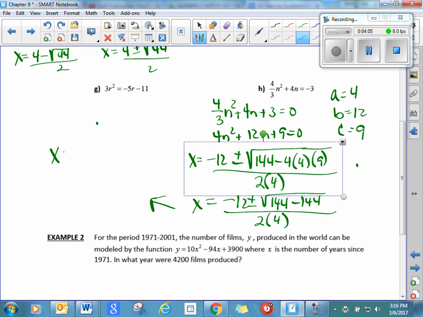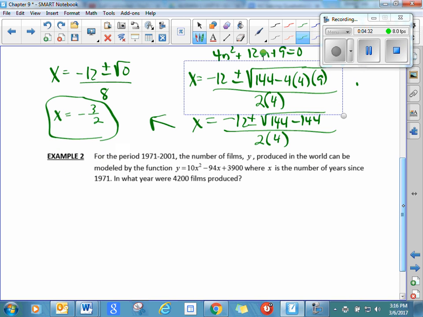So we have x equaling minus 12 plus or minus the square root of 0 all over 8. So we know both of our answers are going to be minus 12 over 8 because plus 0 and minus 0 doesn't affect our answer. So our answer is going to end up being, when we reduce it, minus 3 over 2 because 4 goes into both 12 and 8. So there's one answer because it appeared twice.